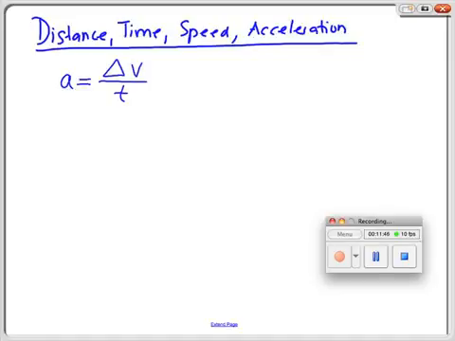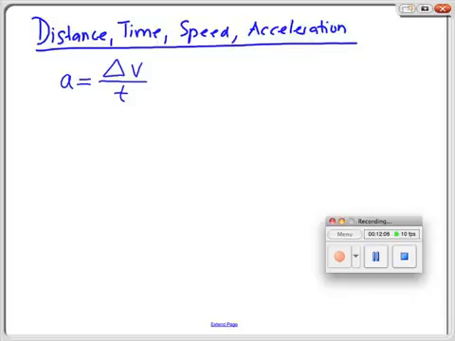If I have a very powerful car, it would get to this higher speed in a shorter amount of time, so my acceleration would get a larger value. So let's look at an example here. Let's use some simple figures.